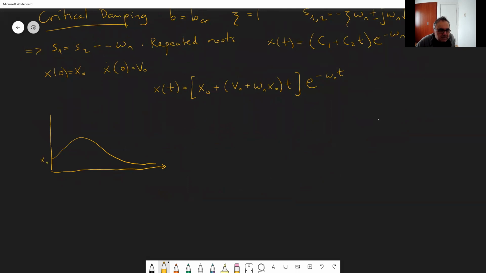So this is x0, the slope is v0. This is x of t. This is t. So you get the fastest non-oscillatory response.